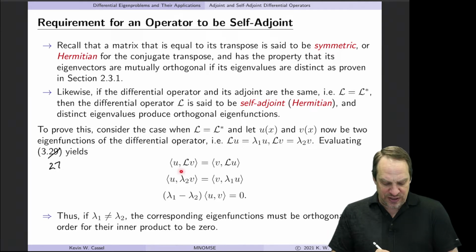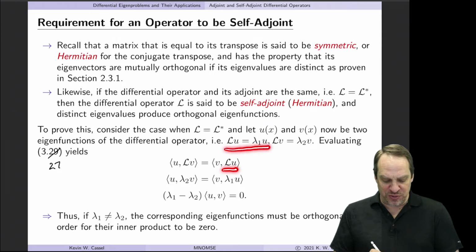So because of that, L operating on V, well, that's just lambda 2 times V. So we can replace that here. Likewise, L operating on U, well, from this eigenproblem, that's just lambda 1 times U. So we can replace that here. Now lambda 1 and lambda 2 are scalars, so they can just come out of the inner product.